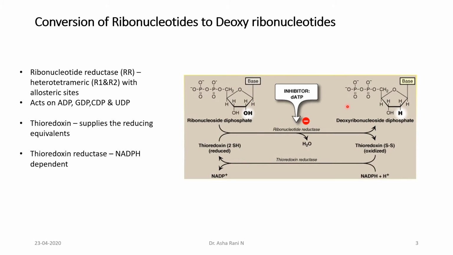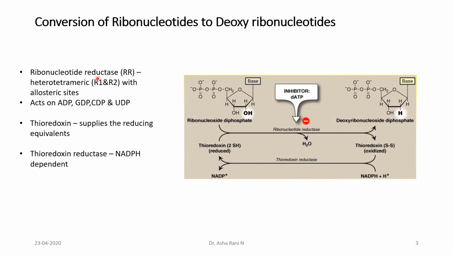So this reaction is catalyzed by the enzyme ribonucleotide reductase. So this ribonucleotide reductase actually catalyzes the reduction reaction for all the 4 ribonucleotides, that is ADP, GDP, CDP and UDP.